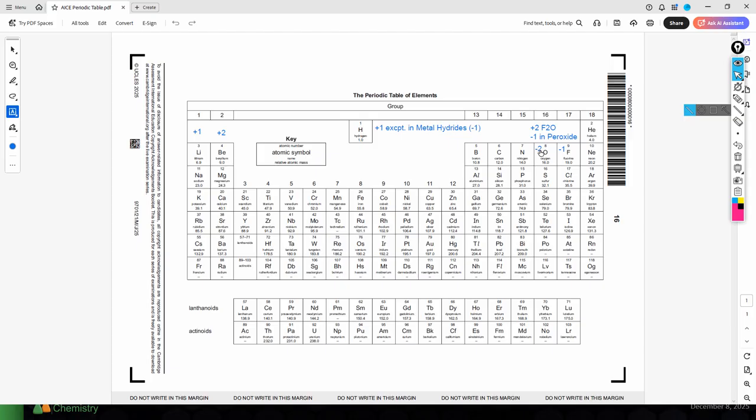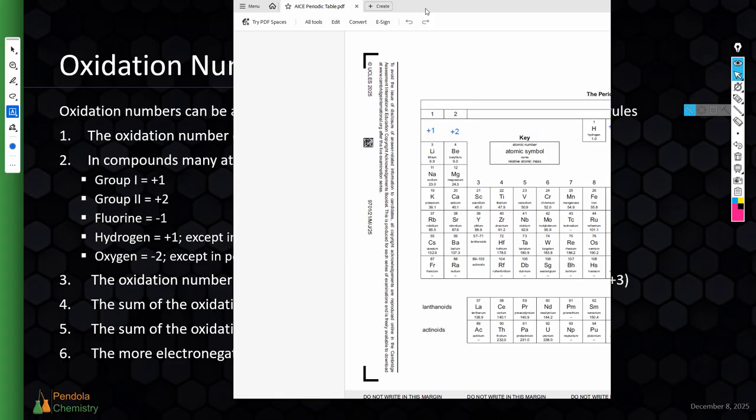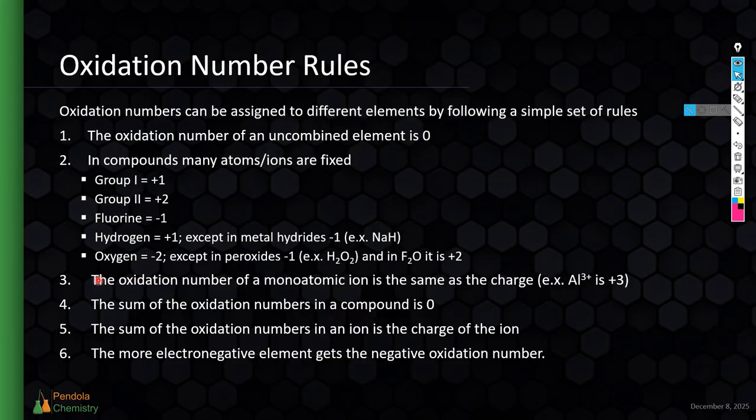Oxygen will most of the time be -2, with 2 exceptions. With peroxides, like hydrogen peroxide, it will be -1. With F2O, it will be +2. Other than that, we're going to have to use rules 3, 4, and 5 in order to figure out any other element. So if the element's an ion or in an ionic compound, its charge is its oxidation number.